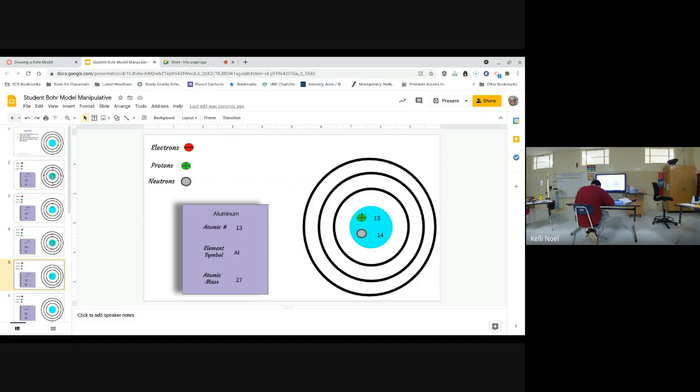Has everybody got the nucleus filled in? Text box is up here. When you draw a text box, you might have to drag it a little bit bigger than you think you would need to fit the number in.